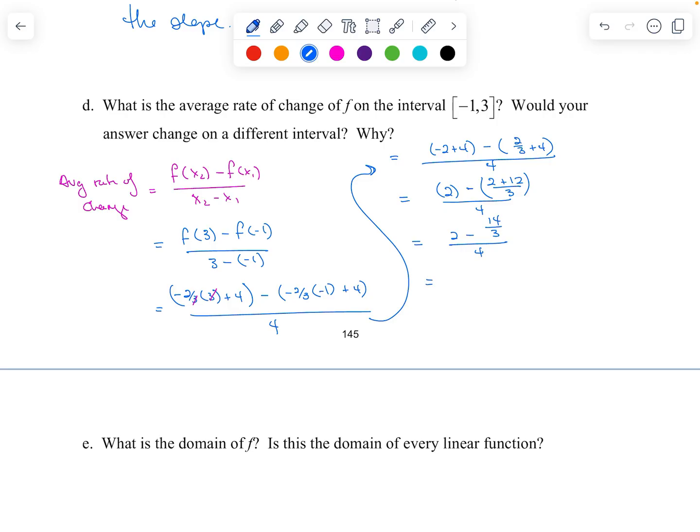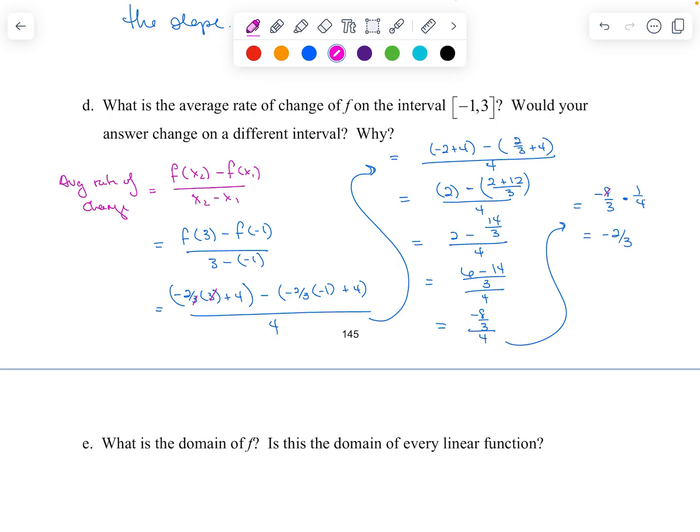Then I need a common denominator for the top, so 6 minus 14 over 3, all over 4. So I get negative 8 over 3 over 4. And so this becomes negative 8 over 3 times 1/4, and so you get negative 2/3.